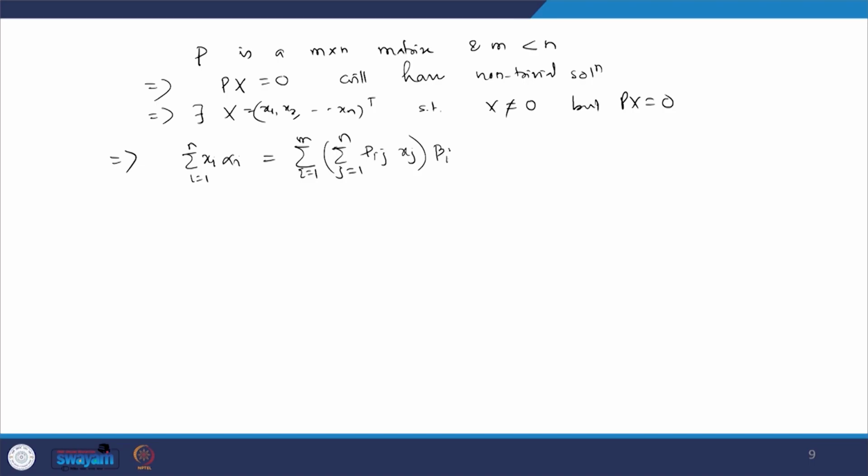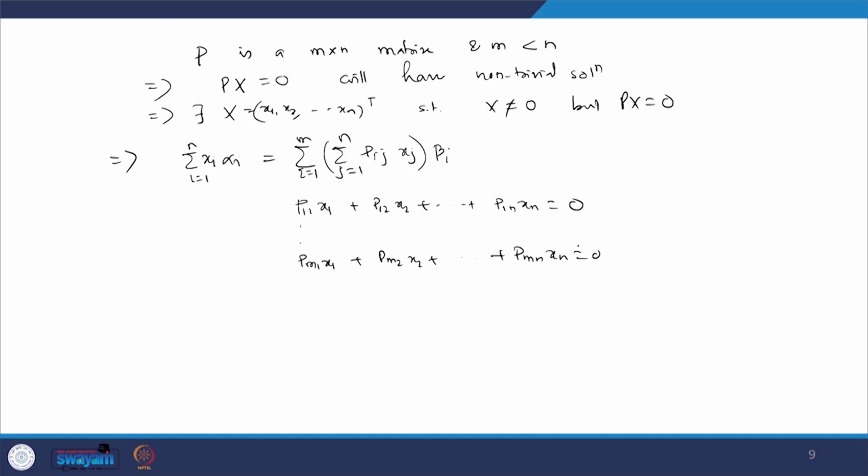Now if I consider that x, I will have P11 x1 plus P12 x2 plus ... plus P1n xn equal to 0, and so on down to Pm1 x1 plus Pm2 x2 plus ... plus Pmn xn equal to 0.